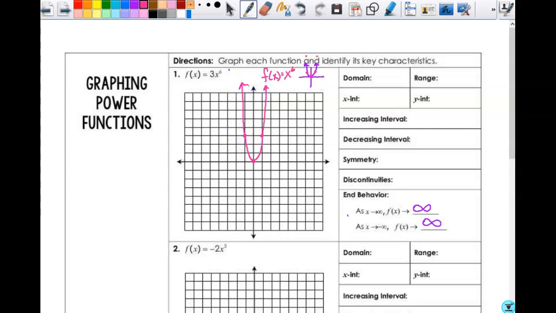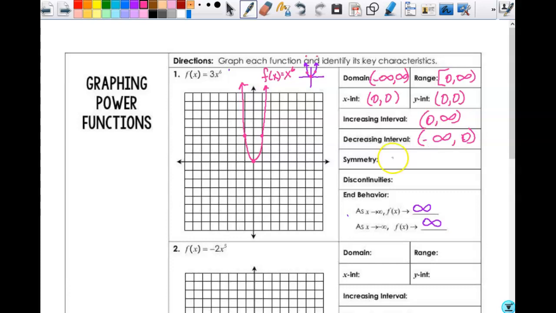All right. Domain, all real numbers, negative infinity to infinity. My range, 0 to infinity. X and Y intercept are both (0, 0). I'm increasing from 0 to infinity, decreasing from negative infinity to 0.